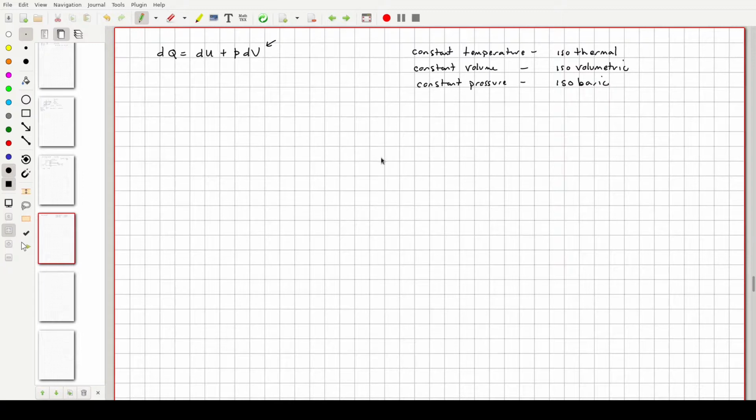Now, there is a fourth one. There's actually another one as well that we'll talk about in the next chapter. But there is a fourth one called adiabatic. And that means constant heat. This would be a situation in which dQ is equal to 0.